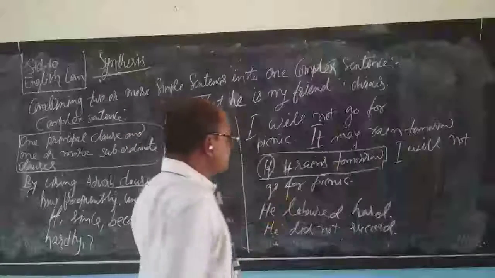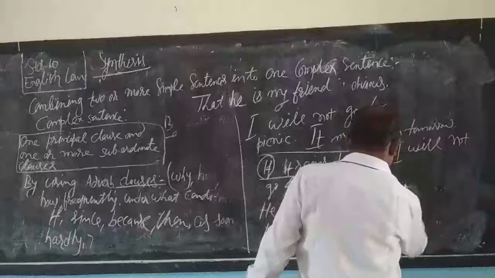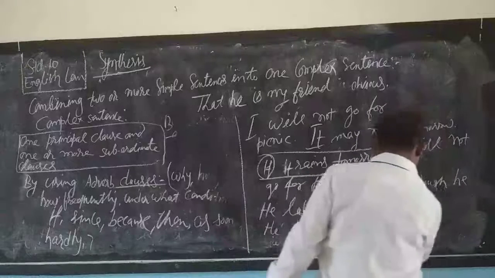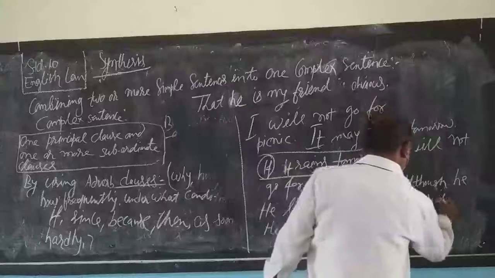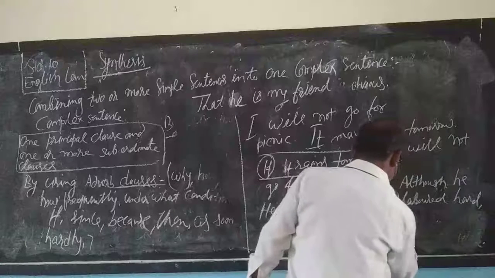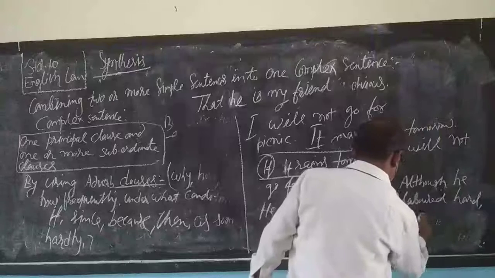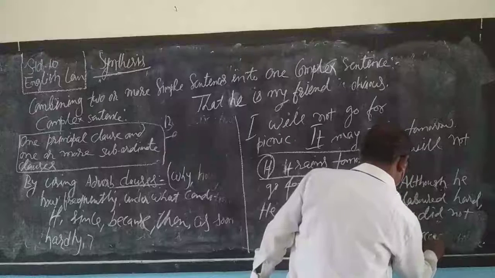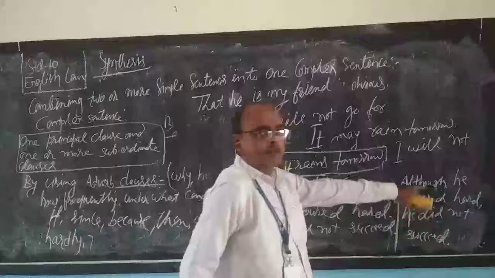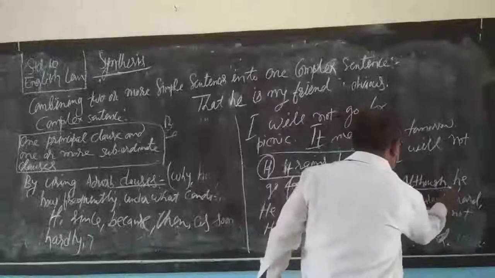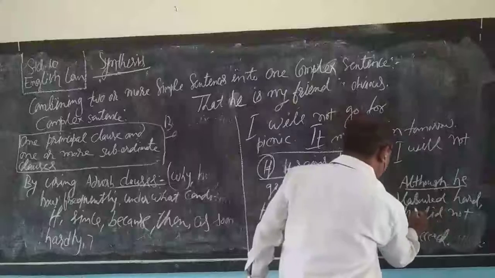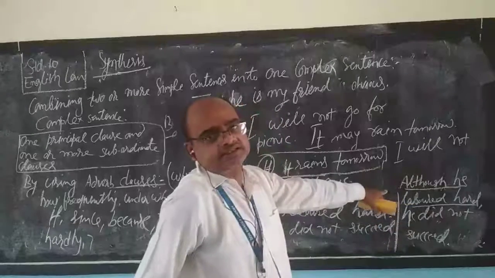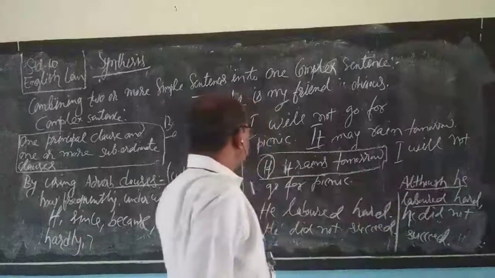That will be a complex sentence. Again, this is a complex sentence. Here, although he labored hard is the subordinate clause, and he did not succeed is the principal clause.